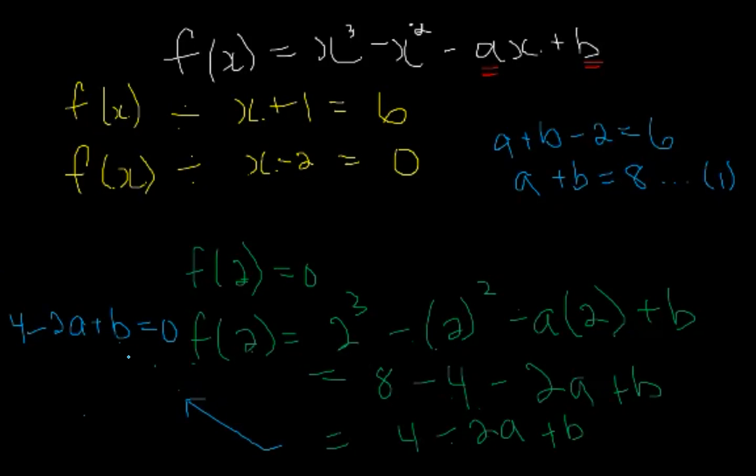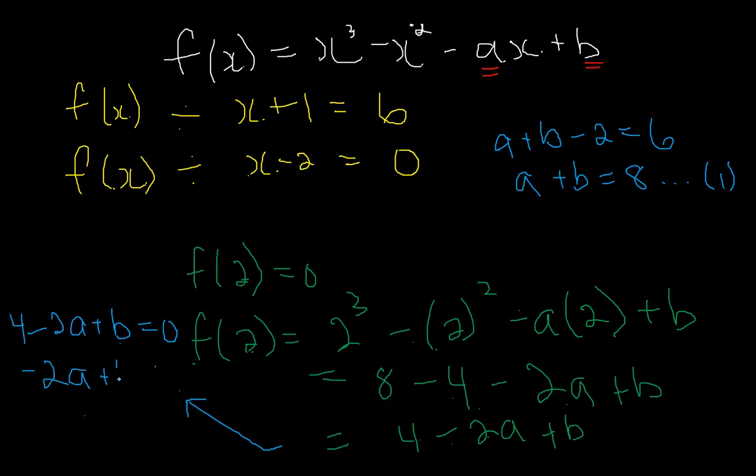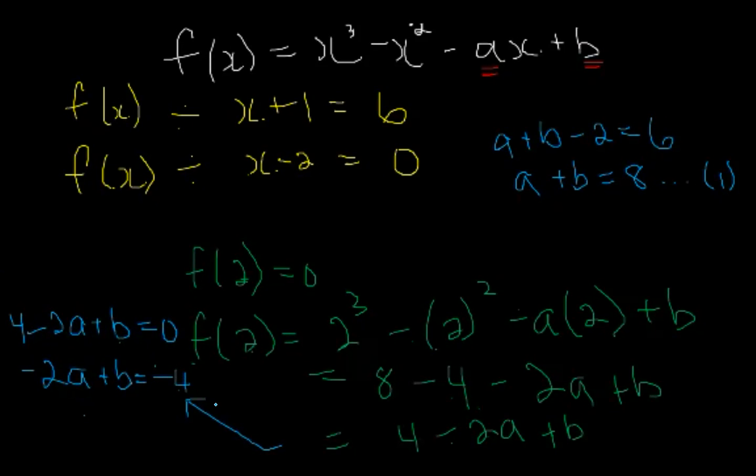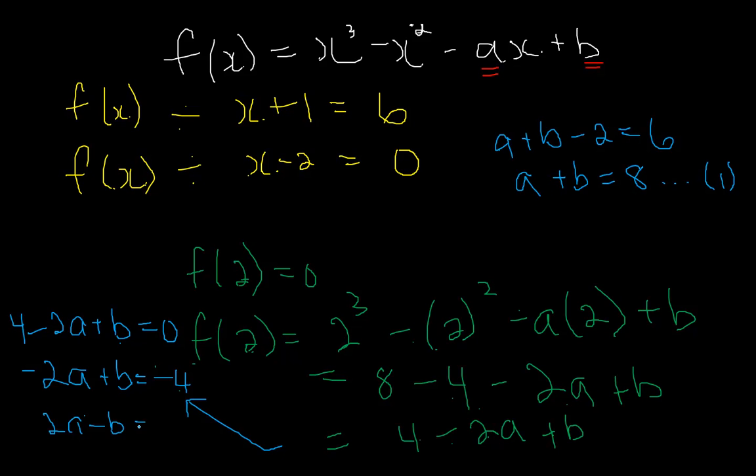From here, I can get my second equation. You can leave it like that and say that's the second equation. Or, just to tidy it up a little bit, let's say this is equal to minus 4. You can leave it like that. Or if you're a person who doesn't really like all the minus signs, you could write it like this.